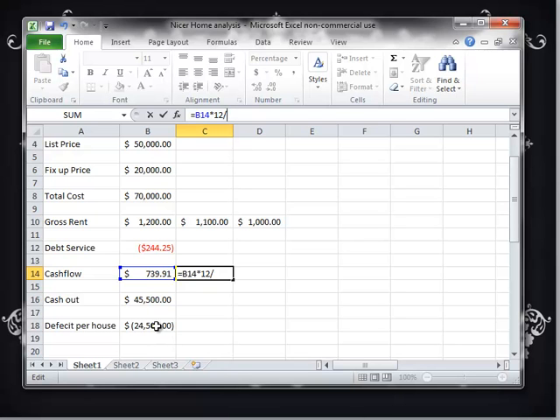And then this, what I'm calling deficit per house, is the cash that we're going to leave in when we pull this 45,500 out. So in each house, we're going to leave $24,500 in equity. Let's multiply this by -1 just to make it not negative.